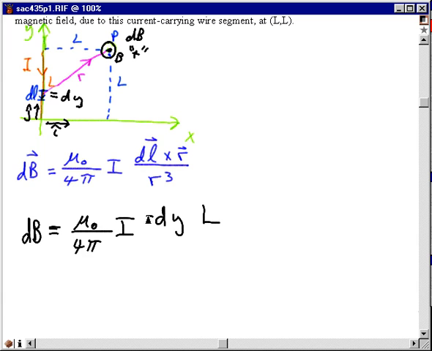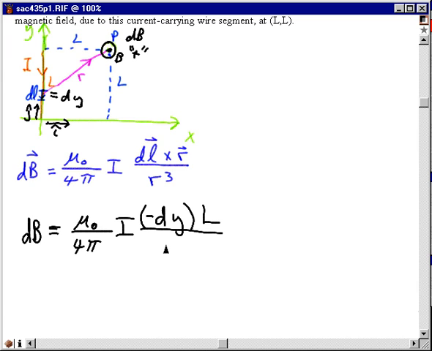And there will be a minus sign here if I want this to represent the contribution to dB in the positive z direction. If it wasn't, the negative nature of dy would make dB turn out to be negative, meaning that it would be pointing in the negative z direction, and it's not. So we've got that negative sign in there to take that into account.